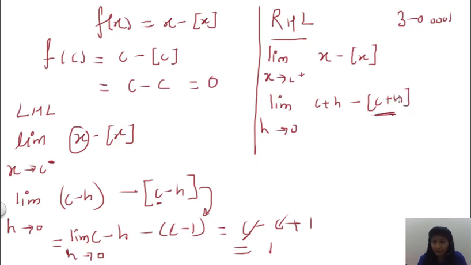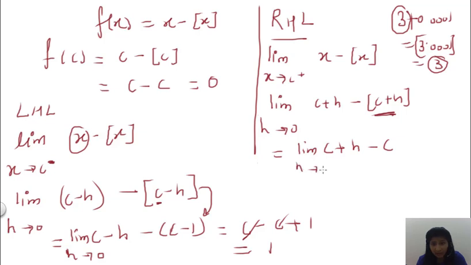So it will remain as 3 plus 0 point something, say 3.001, and in the greatest integer it will give the same answer. So if I am doing c plus h, the answer will be c itself. So c plus h minus c, limit h tending to 0.